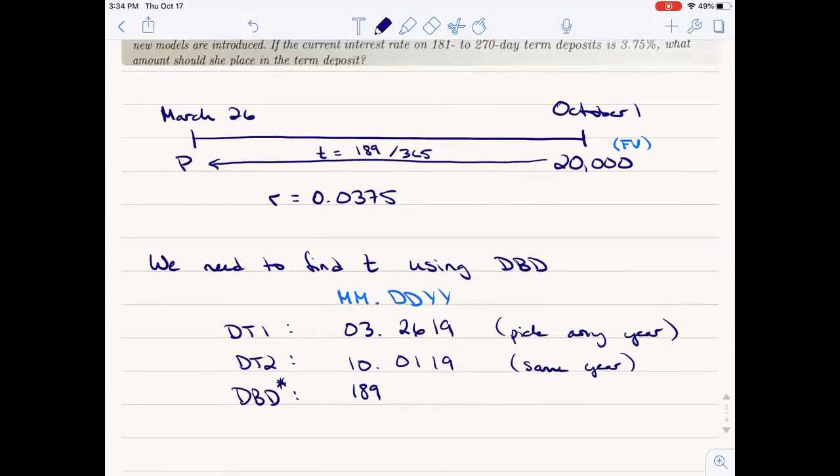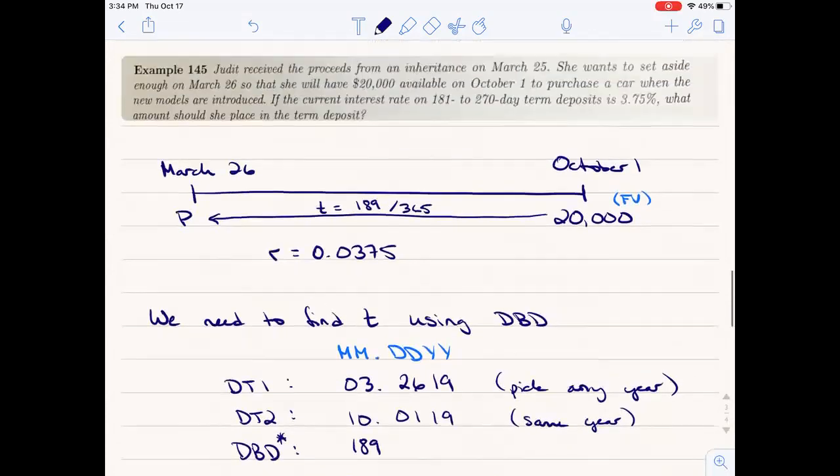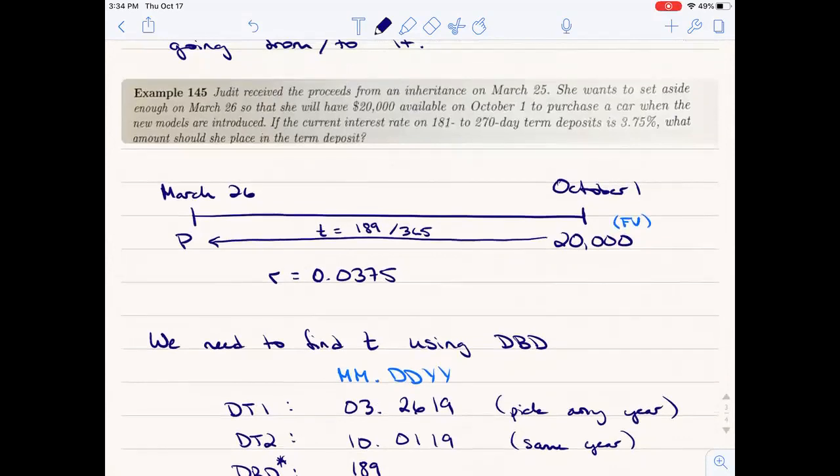The only thing that we don't know is P. And so now we've mapped out this problem and we can see that what I need to solve for is P. This is what I would consider a complete timeline. It's an itty-bitty problem, but it's good to get started with these little guys because then we'll get the hang of it and the bigger ones won't be a problem.